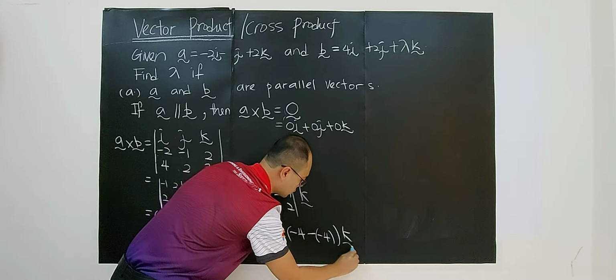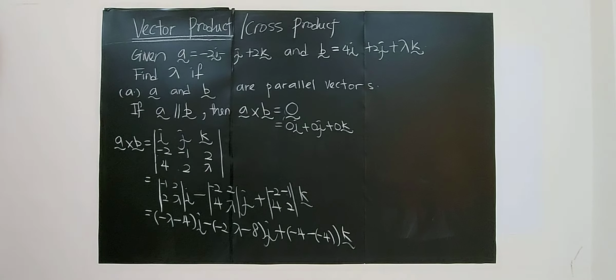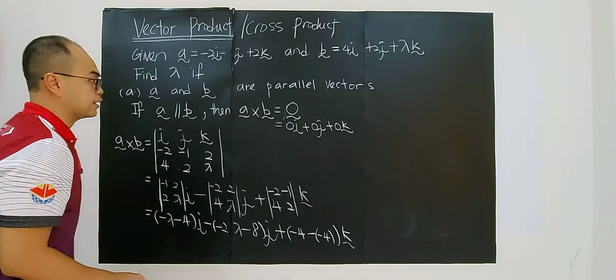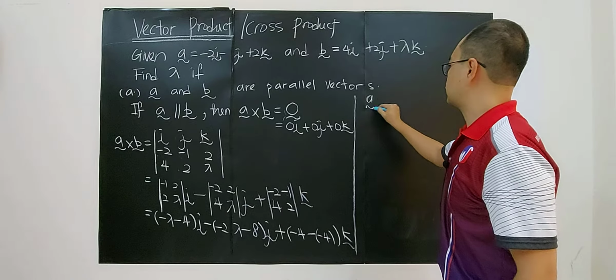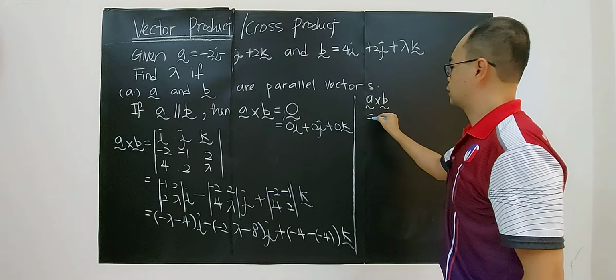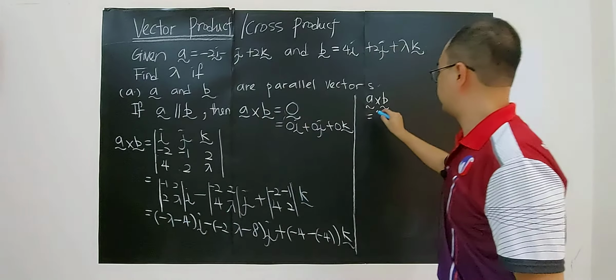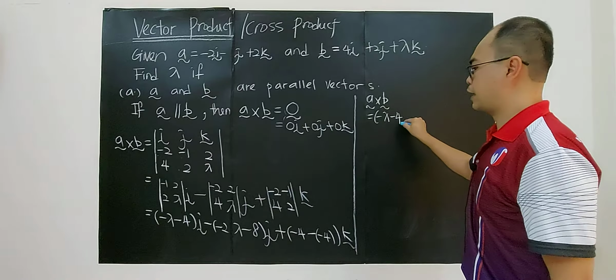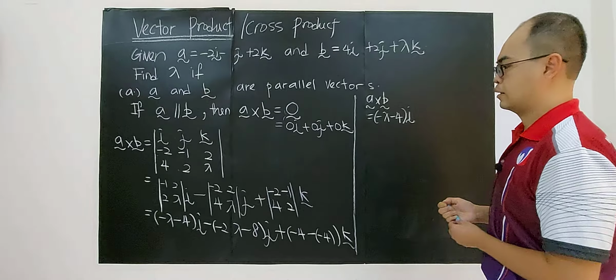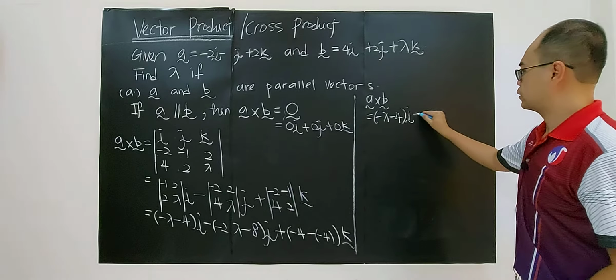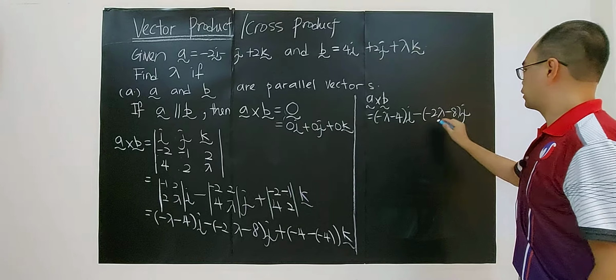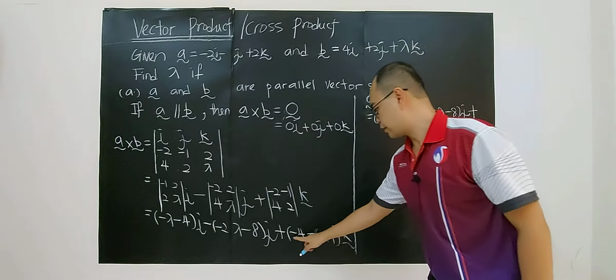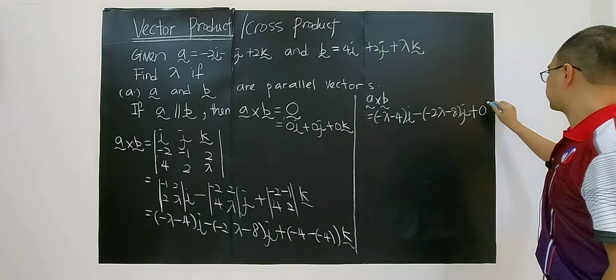You try to calculate and simplify again. The final form of A cross B will be negative lambda minus 4 i, minus negative 2 lambda minus 8 j, plus negative 4 plus 4, which is 0k.